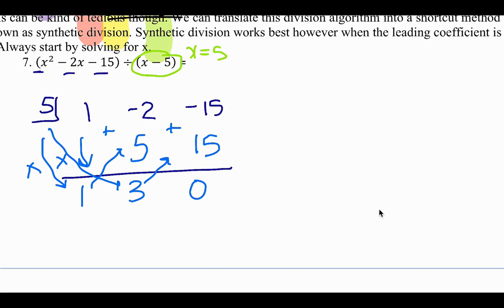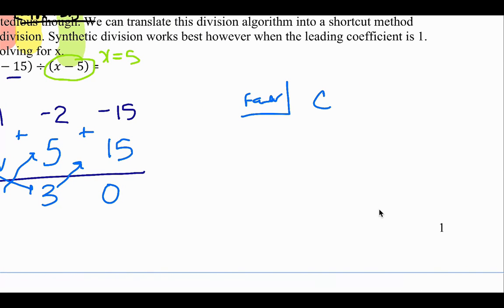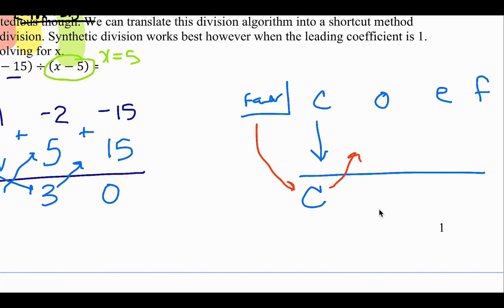And I'll kind of show that to you. We have this is your factor, goes in the box. And then you have your coefficients. I'll just do COE. Maybe we'll even do an F column. The first one gets dropped. And then it is multiply.